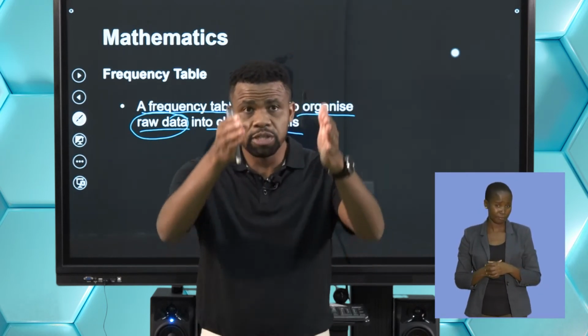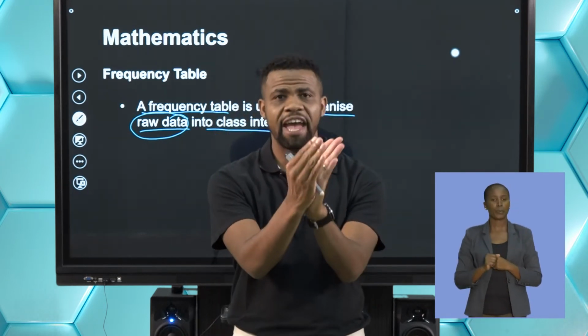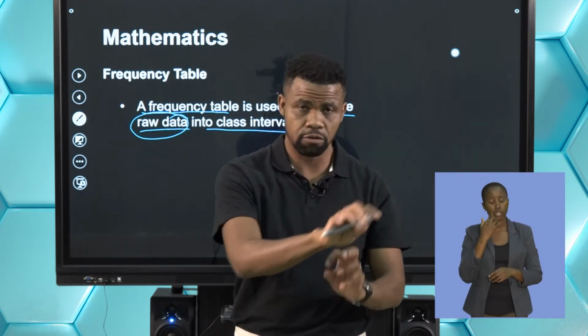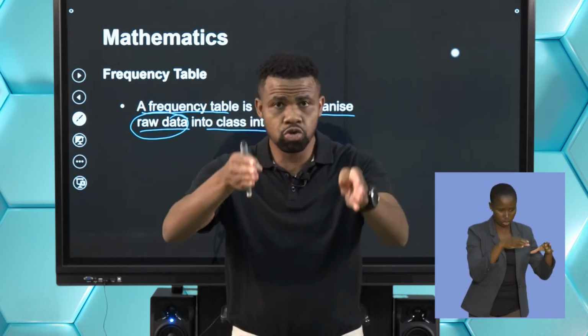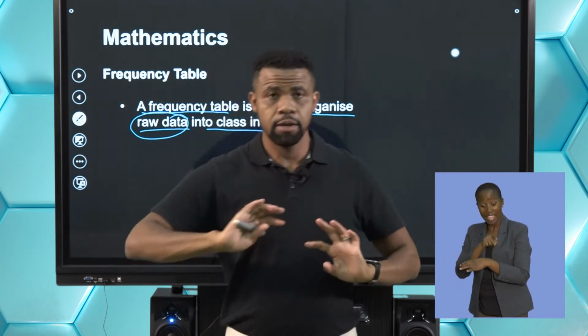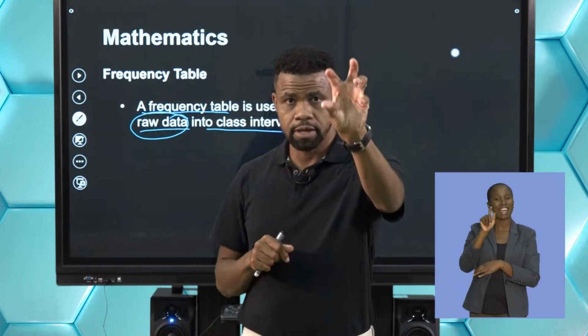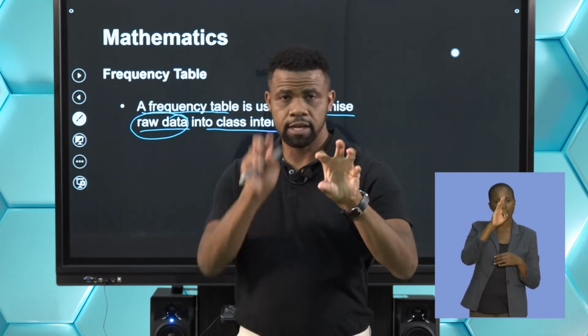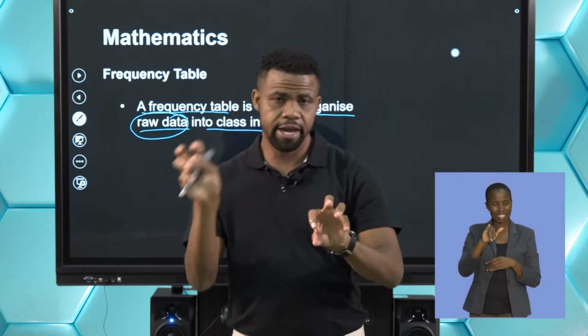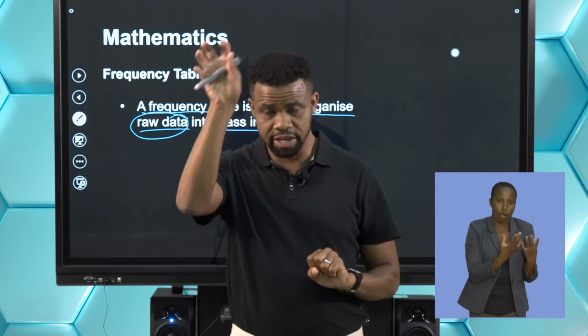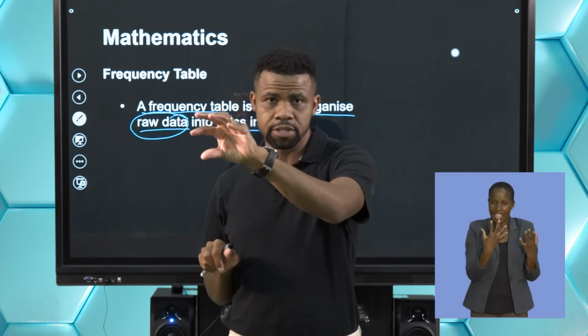But now when we start grouping according to age, say between this age and that age, that is grouped data in a frequency table, because we're putting the age groups and how many are in each age group. How many in each age group will be the frequency.